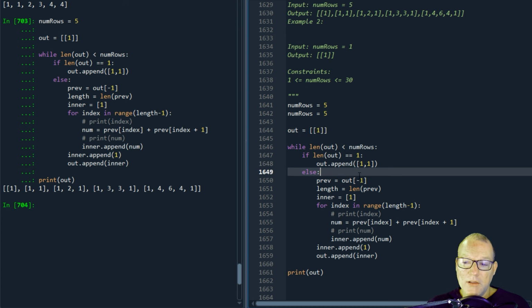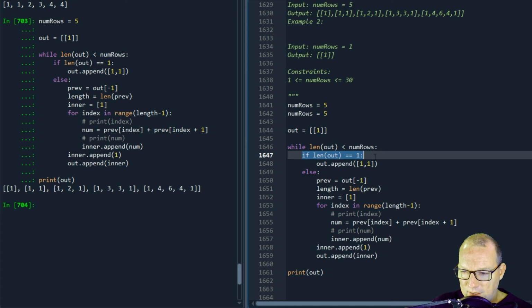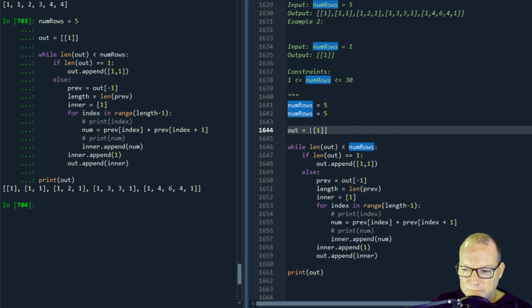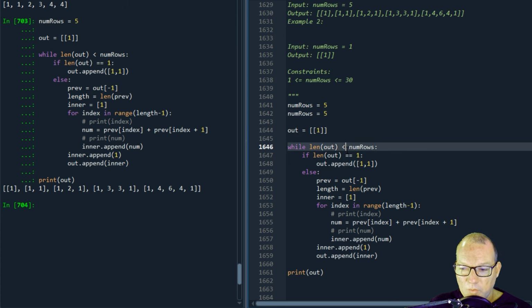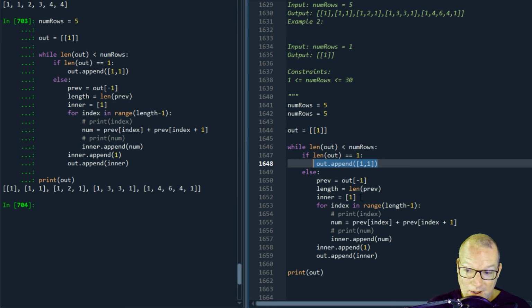Everything else is included because the output is temporary. If numRows was 2, my first one only has 1 in it. That's why this works for our second one. So if it's 1, then it stops. If it's 2, it does this, then stops.